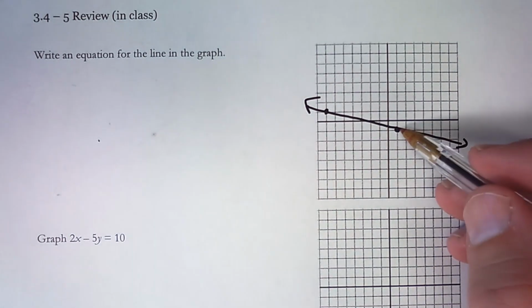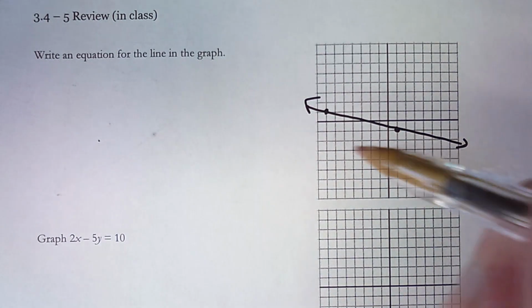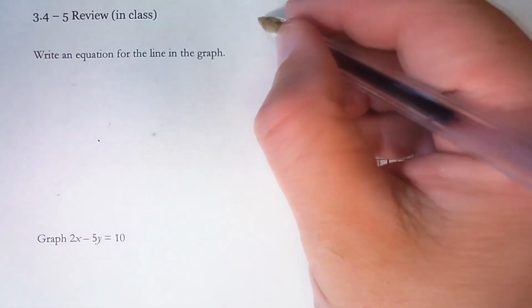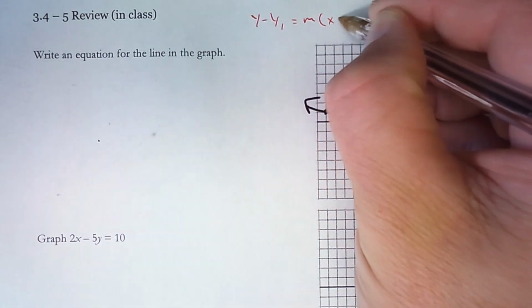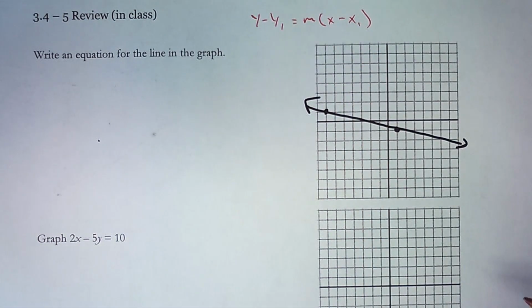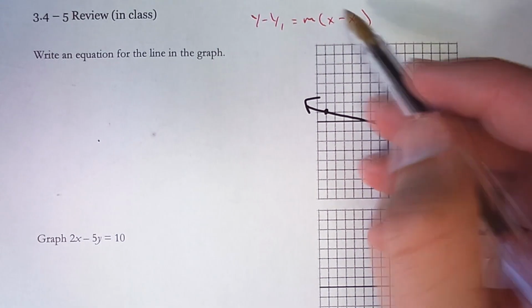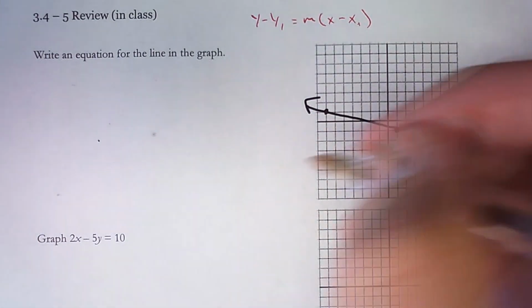Write an equation for this line. Okay, so we are going to use point slope form. y minus y1 equals m times x minus x1. Okay, so what I need is an m, and I need a point for x1, y1.